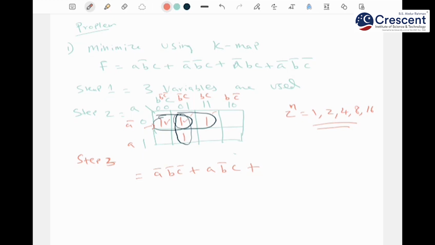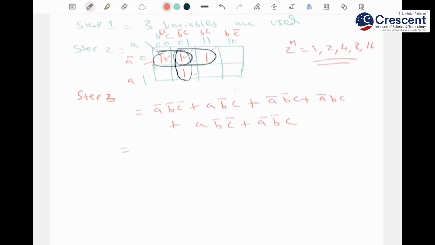So if you combine these two cells, you will get a bar b bar c plus a bar b c. Plus, now these two cells I have combined. Again I can write it as a b bar c plus a bar b bar c. So now I can reduce this expression using Boolean postulates.